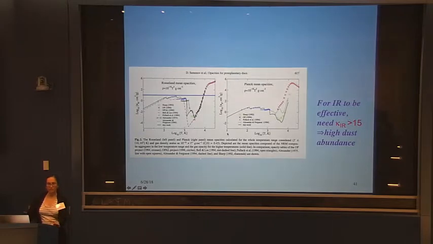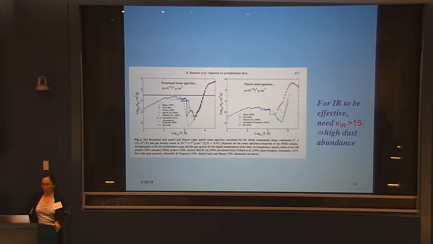How does this opacity compare to actual values of the opacity? Turns out that the actual value of the opacity is probably not large enough for IR radiation to be significantly important, unless you're in a system that either is dust enhanced or has a higher light to mass ratio than for a Kroupa IMF.